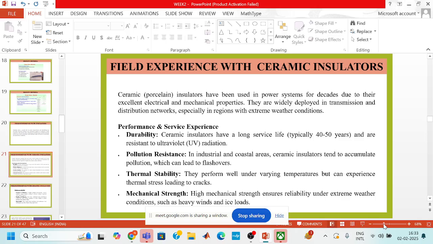Second is pollution resistance. In industrial and coastal areas, ceramic insulators tend to accumulate pollution, which can lead to flashovers. Third is thermal stability. Ceramic insulators perform very well under varying temperatures, but can experience thermal stress leading to cracks. The last is mechanical strength. Ceramic insulators provide high mechanical strength, which ensures reliability under extreme weather conditions such as heavy winds and ice loads.